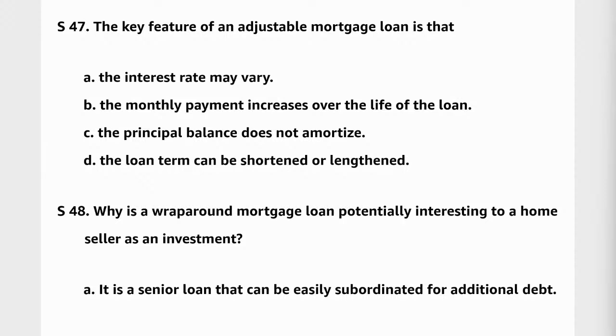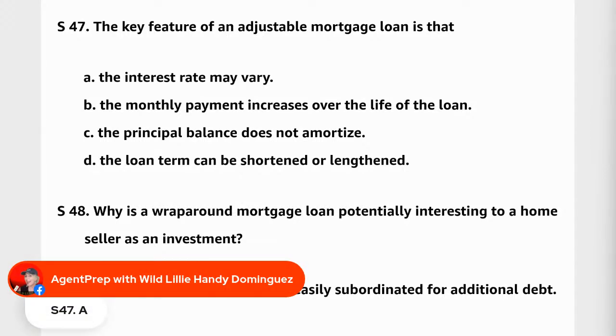And yes, the answer is A. No, the loan term cannot be shortened, okay? Adjustable mortgage loans are called ARMs, adjustable rate mortgages. That's why I mentioned rate. So an interest rate may vary in an adjustable mortgage loan called ARMs.